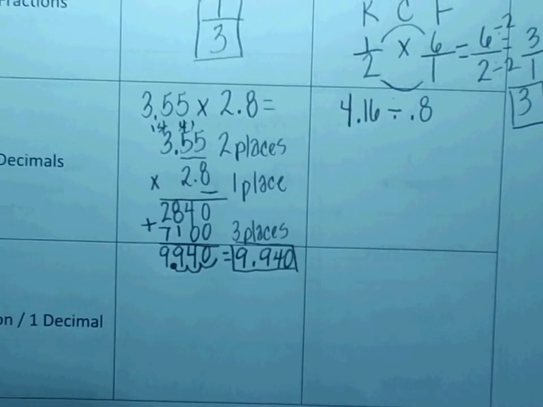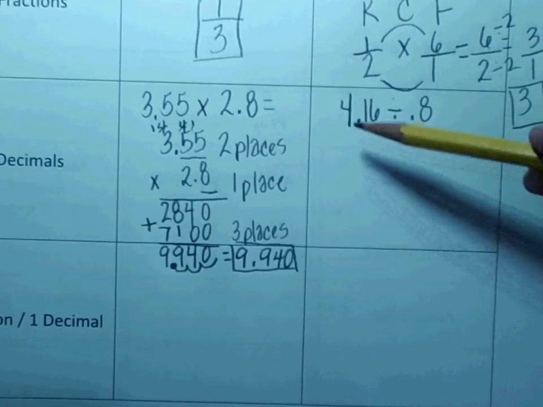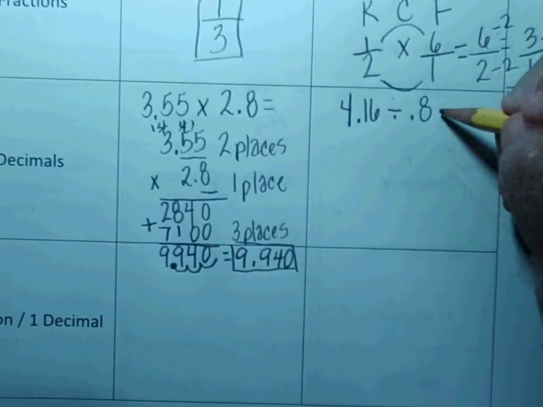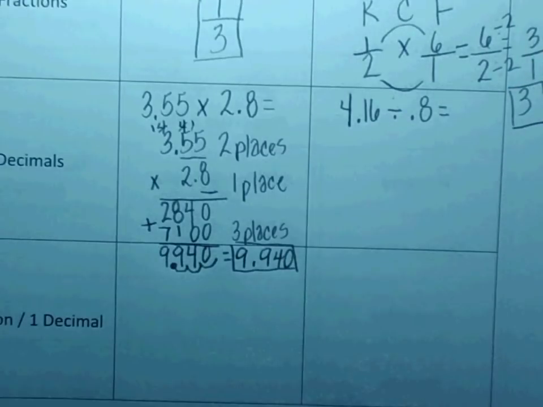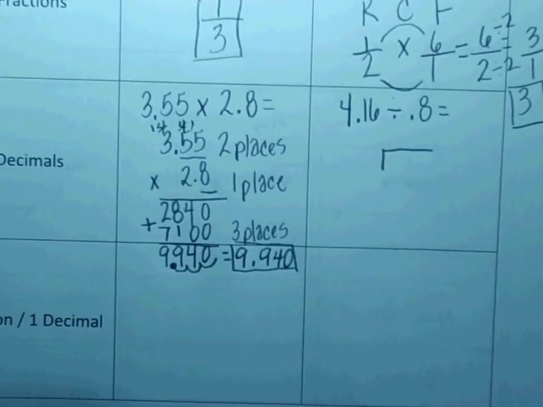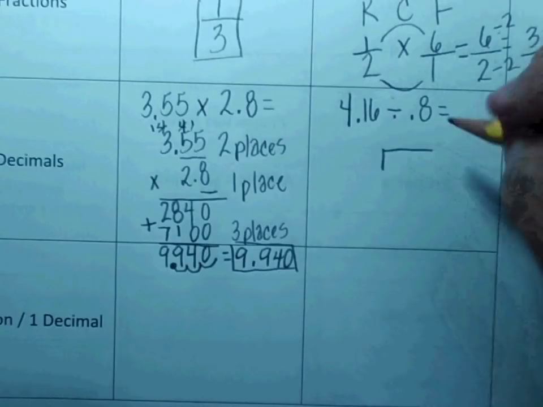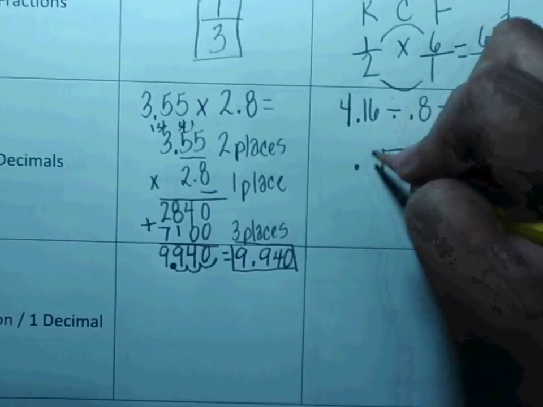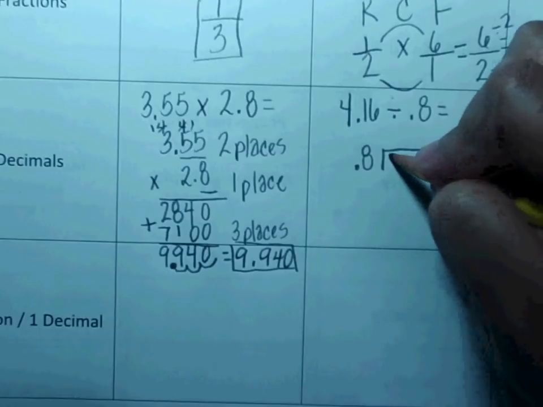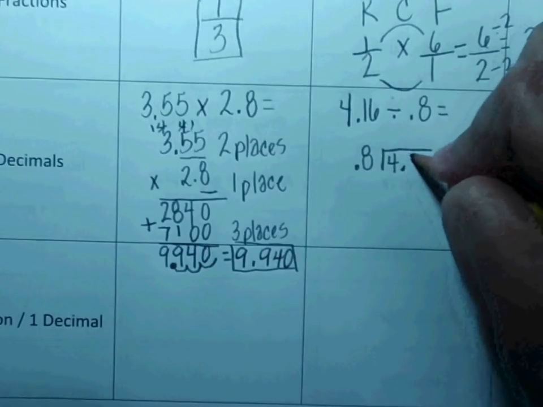If you're in the other math classes and your teacher tells you 4.16 divided by 0.8, so when you do this, you're going to make your division house. And we know that the second number goes outside the house. Our first number goes first, so it goes into the house.